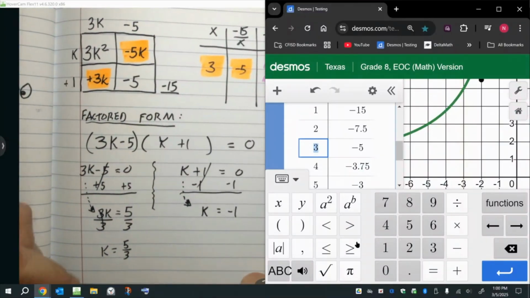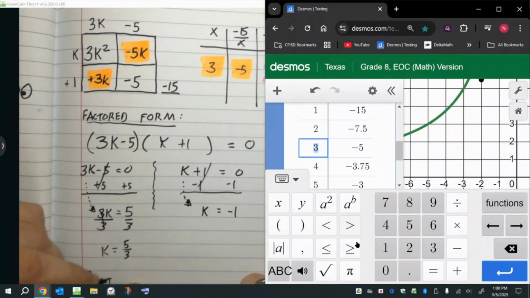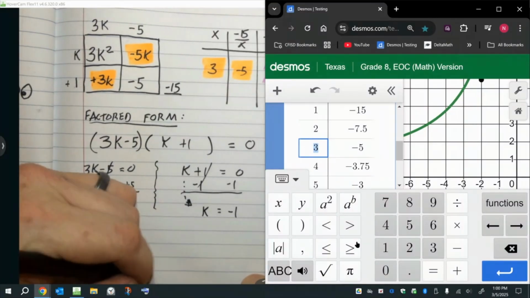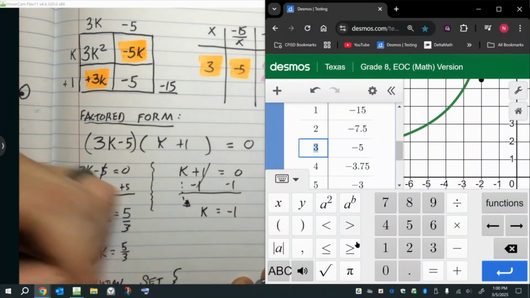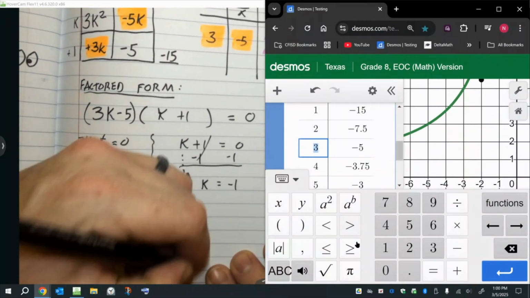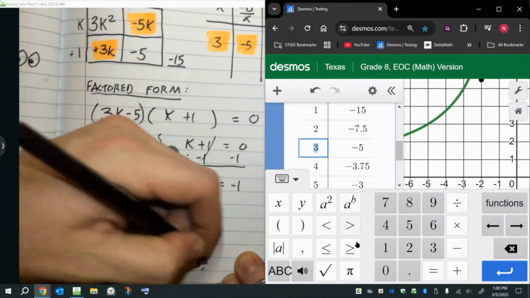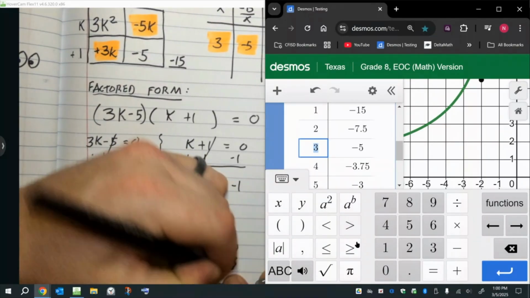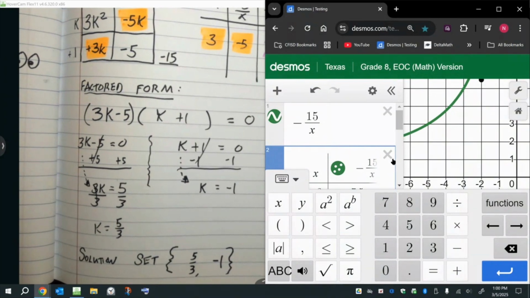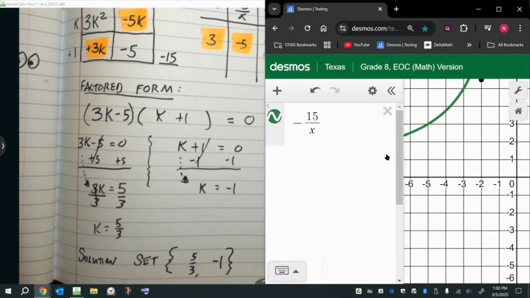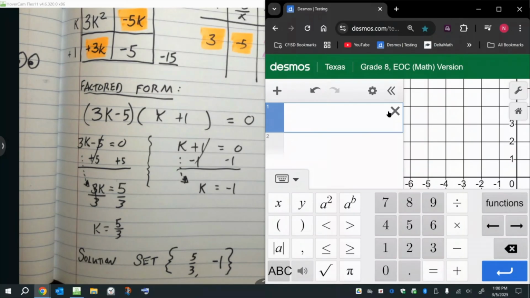And so if I write this as a solution set, we will write 5 over 3 and -1. And if we wanted to check it, we can always check it by just typing in the quadratic factored form.